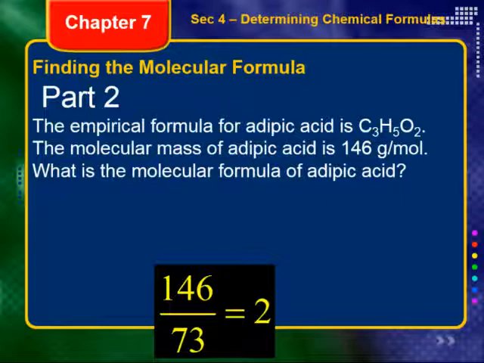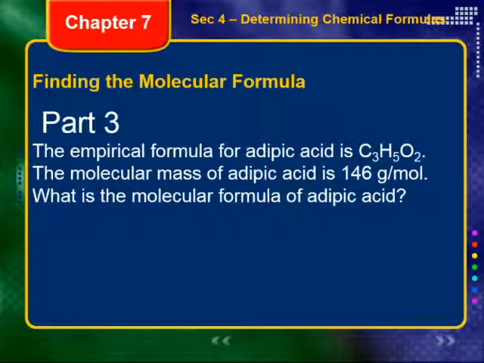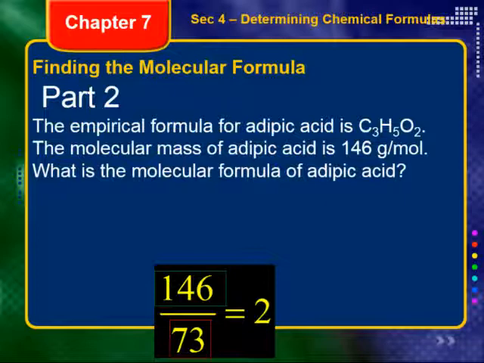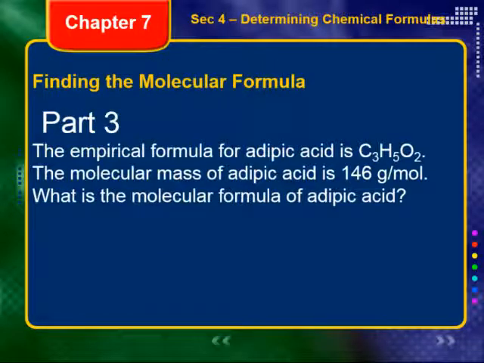We're going to divide the molecular mass by the formula mass of the empirical formula, and we're going to get some whole number as a result. When we multiply each of the subscripts in the empirical formula by that number, they'll give 3 whole numbers, and that's going to be the molecular formula.